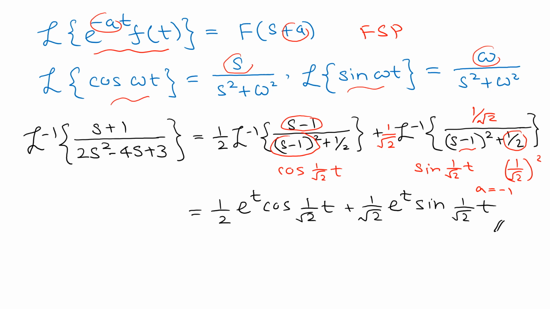So what happened at the end, you can see that for the sine term, you try to get the same term in the numerator and the denominator, so you get 1 over square root 2 there and also there, so that they cancel each other. And then we write the form. First we figure out what is the right form. Since the first one is a cosine, we write the cosine, but because of the s minus 1 term, we have that extra term coming out. Same thing with the other one, you have the extra term coming out. So this is how we do a problem like that.